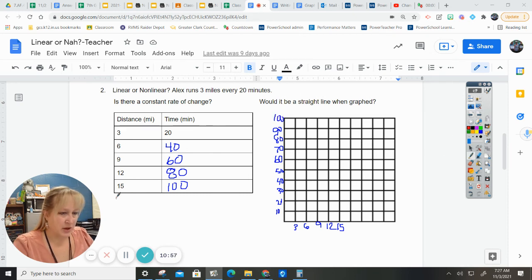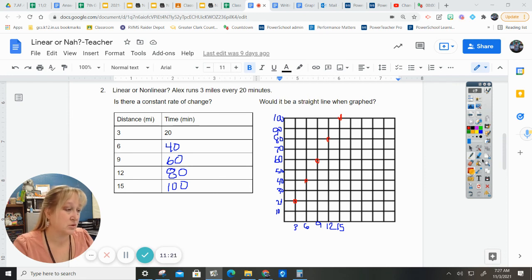And now we're just going to plot our points. So 3 and 20. 3 and 20 would go here. 6 and 40. 9 and 60. 12 and 80. And 15 and 100. Again, you're going to be able to use your line.